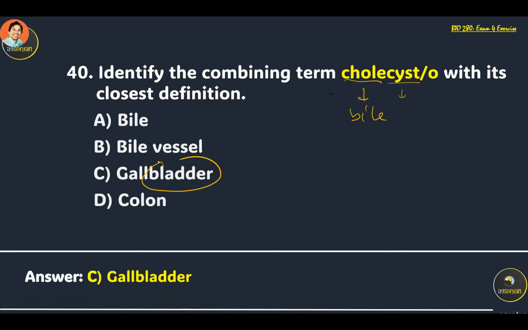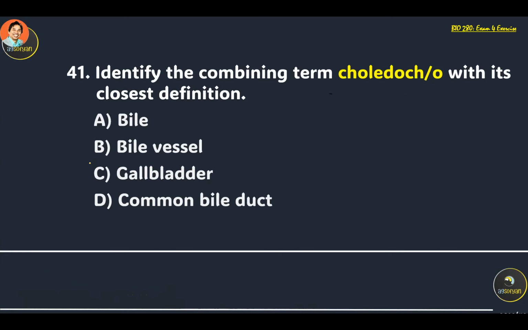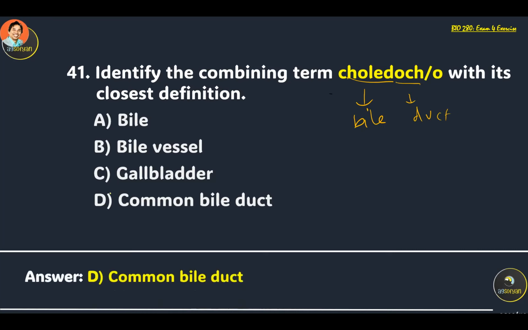Okay, so the bile will be stored in the gallbladder. Then for the combining term of choledocho. Again, this is bile. Docho means channel. So that would be the common bile duct.